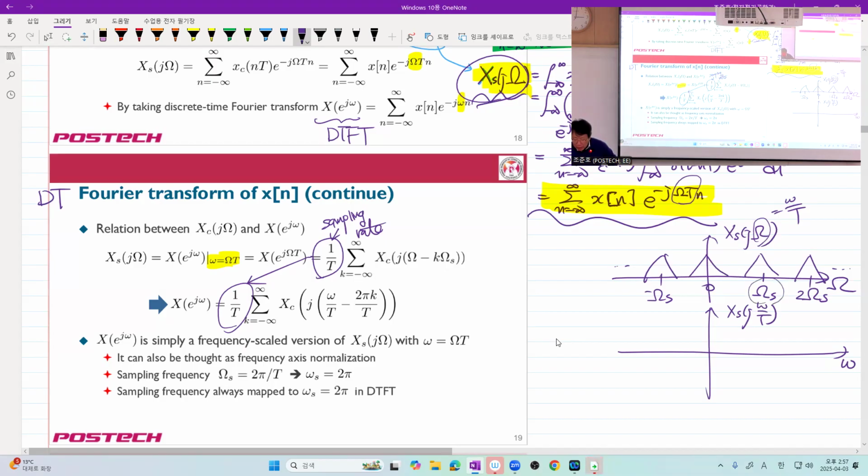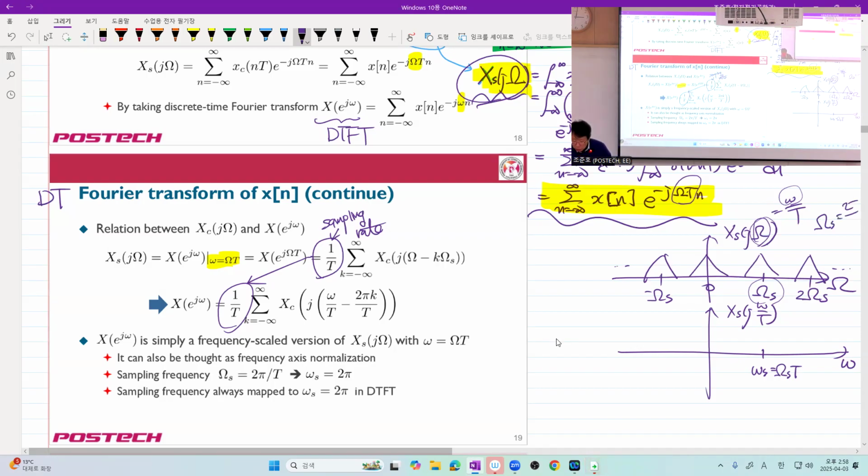Let's plug this in here. Then what is omega s? That is omega s over T, right? Am I right? Just a second. No, right? Because here, what was capital omega sub s?